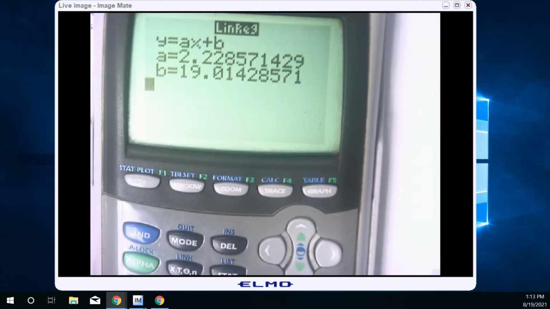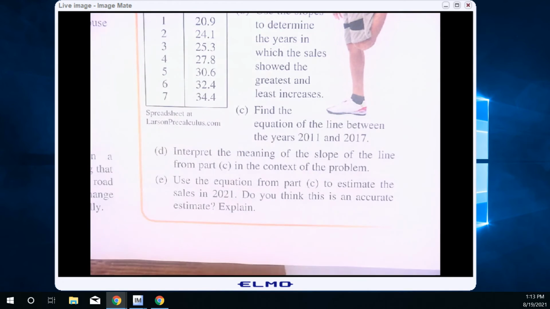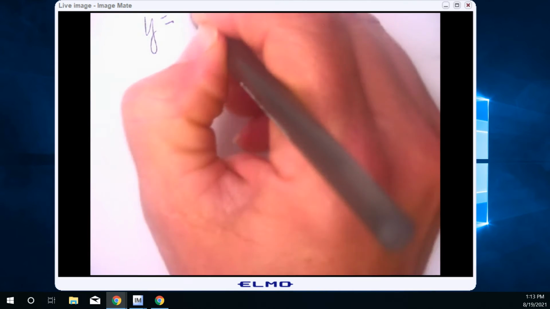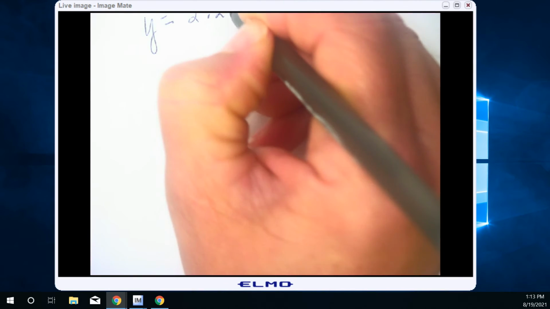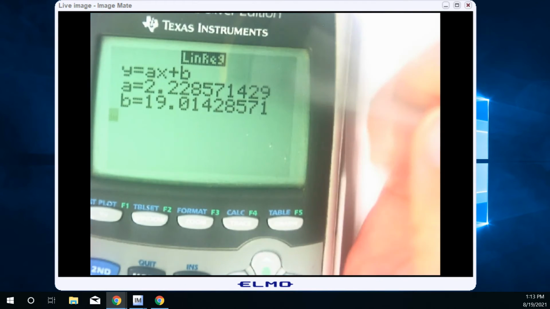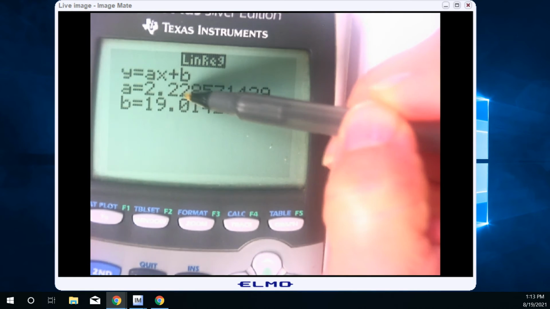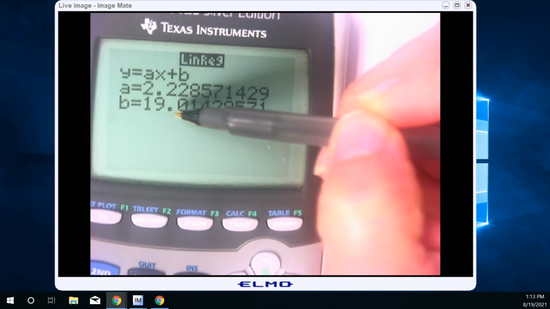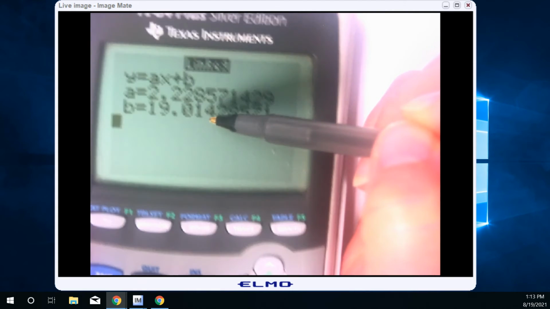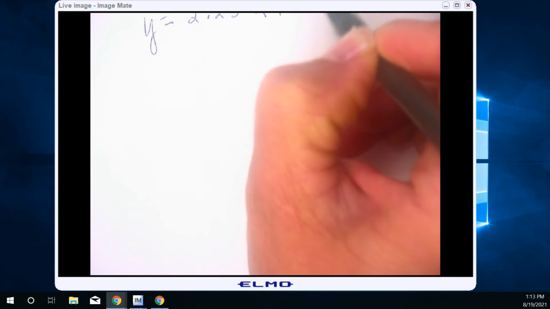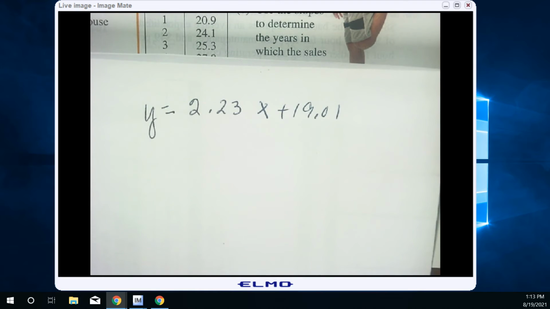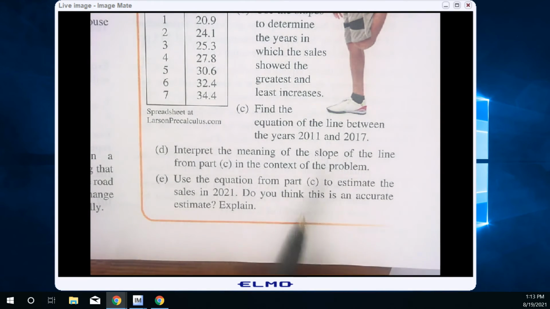So my equation is going to be y equals 2.23x. Why is it 0.23? Because the third number is greater than 5, so this rounds up to 3. Plus 19.01. Why? Because 4 is less than 5. All right, so there's the equation.